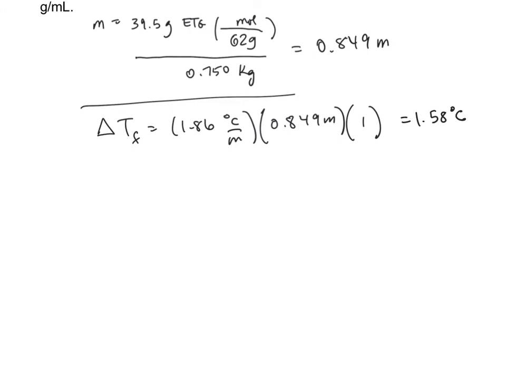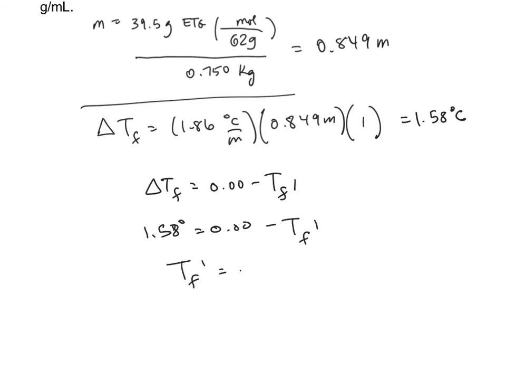And so you can say that delta Tf is 0 minus Tf prime, 0 being Tf, and 1.58 is the depression. Solve for Tf prime, and that's going to be negative 1.58 degrees C.